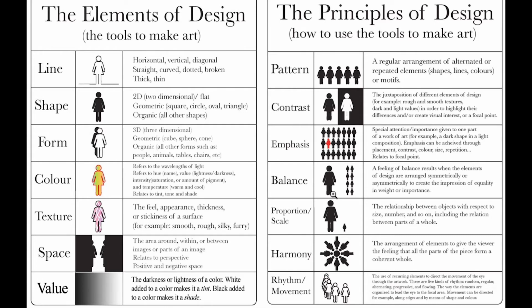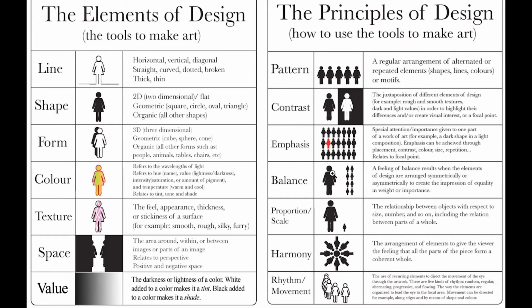Balance, super important. There is asymmetrical balance where a composition is balanced even though they're not exactly the same on either side. So we do have balance here, even though there are 8 figures here and just 1 figure here. And why is that?